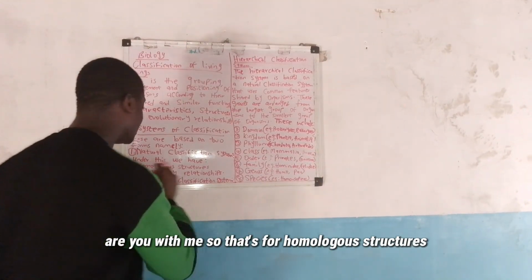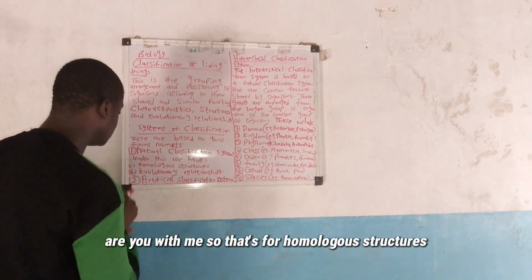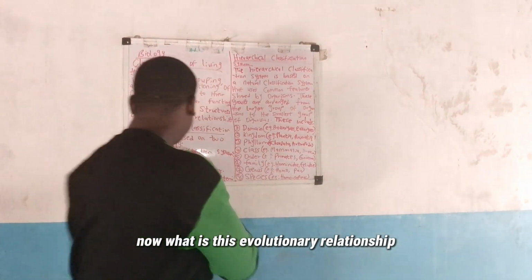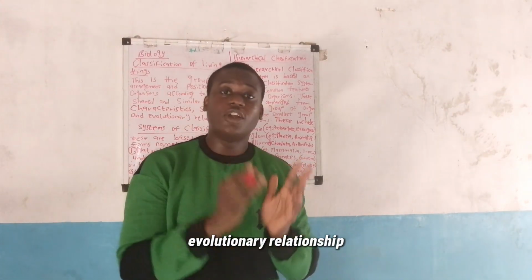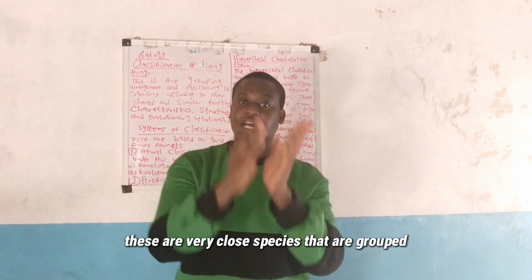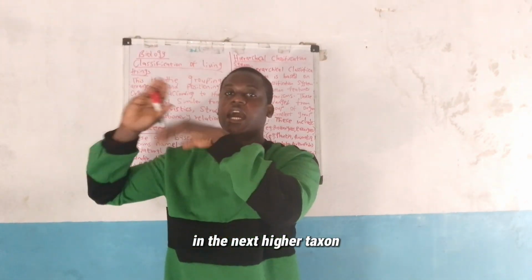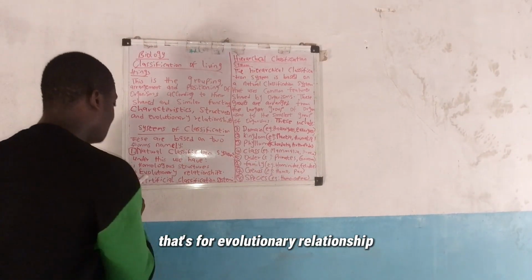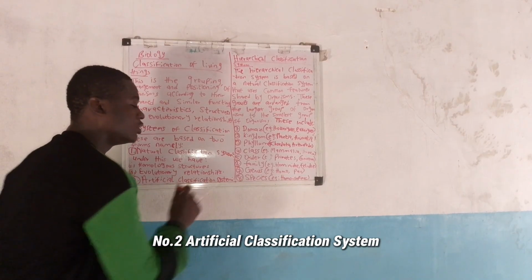Are you with me? So that's for homologous structures. 2. Evolutionary relationships. Now, what is this evolutionary relationship? Evolutionary relationship refers to very close species that are grouped in the next higher taxon. That's the evolutionary relationship.